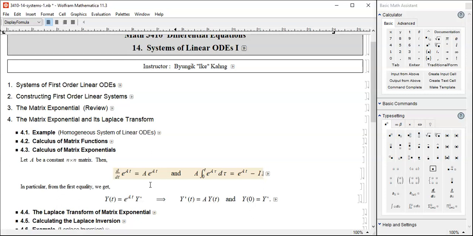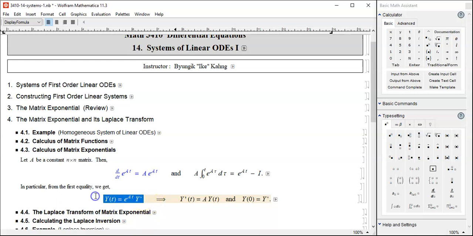Now, how do you prove these? Oh, by the way, before proving it, let's consider an application first, especially the application of the first, which I just highlighted in blue. Let's begin with this. The solution formula for the first order homogeneous system of linear ODEs with constant coefficients.